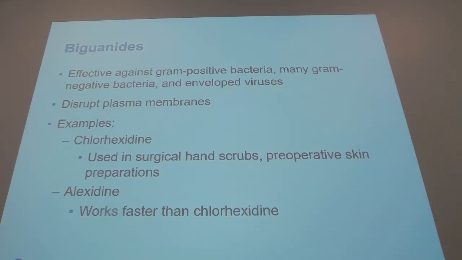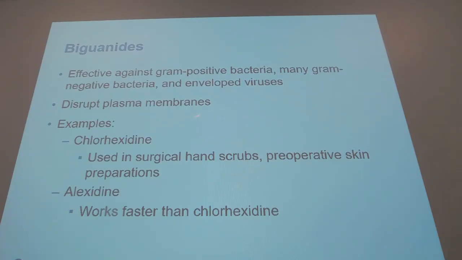Biguanides are effective against gram-positive and gram-negative bacteria and enveloped viruses. It disrupts plasma membranes. Enveloped viruses have this envelope that comes from the host cell, so it's made of lipids.